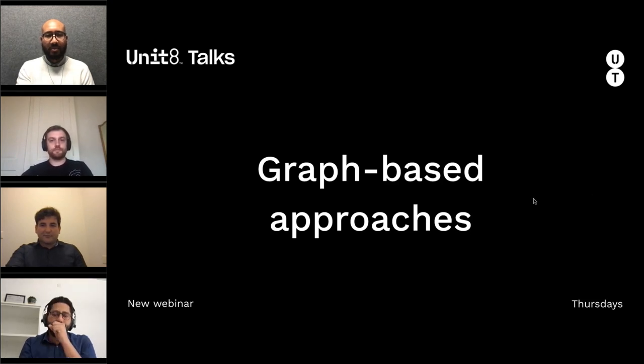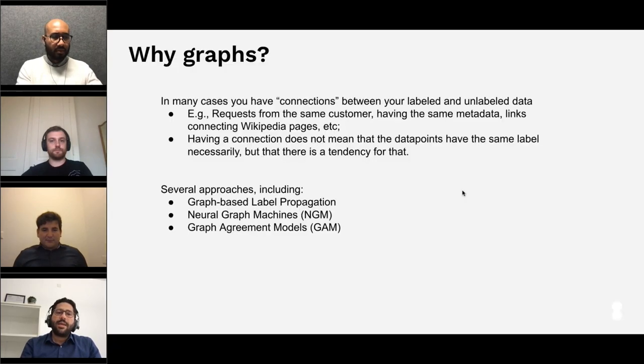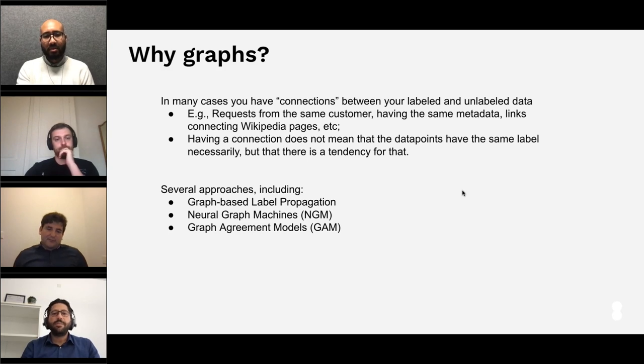Thanks a lot, Yassir. So the last method we overview before showing some real examples: there are also graph-based approaches. Why are graphs interesting in this case? Just imagine the data that you get on different problems. Sometimes you have connections between your labeled data and your unlabeled data.